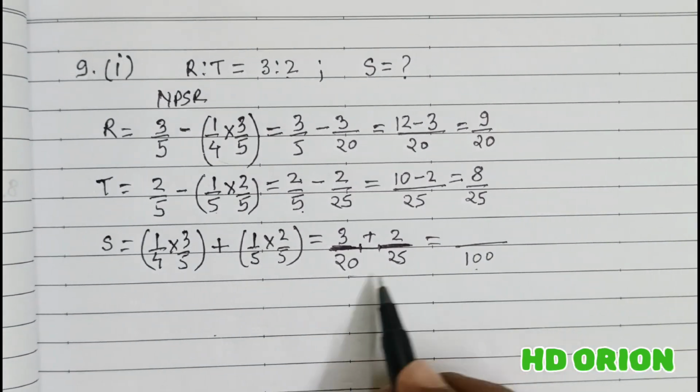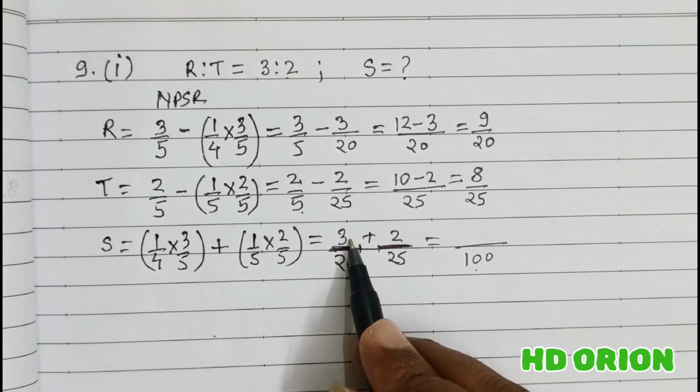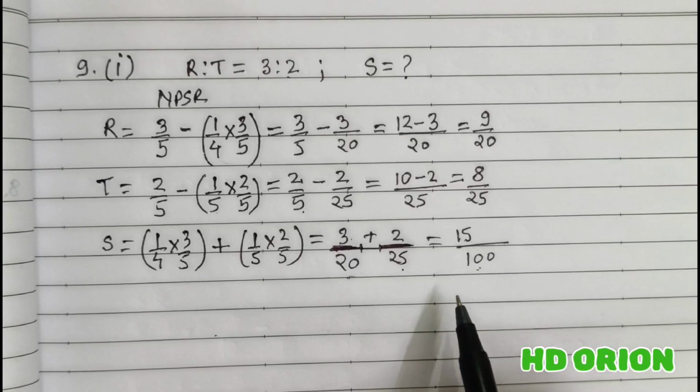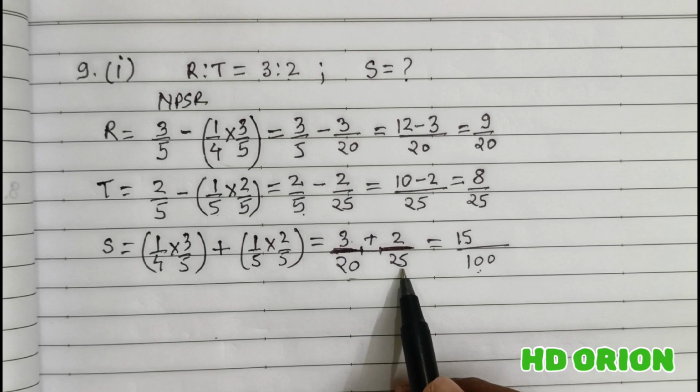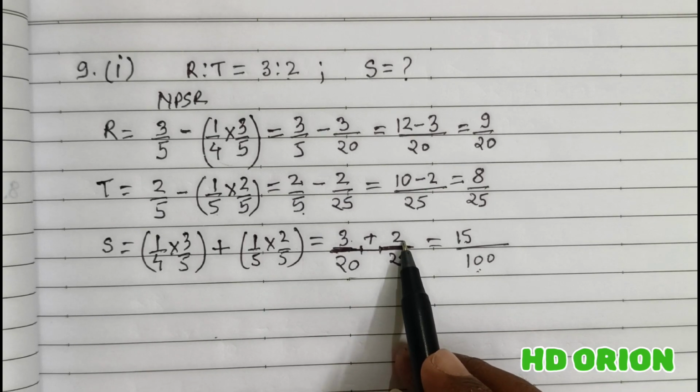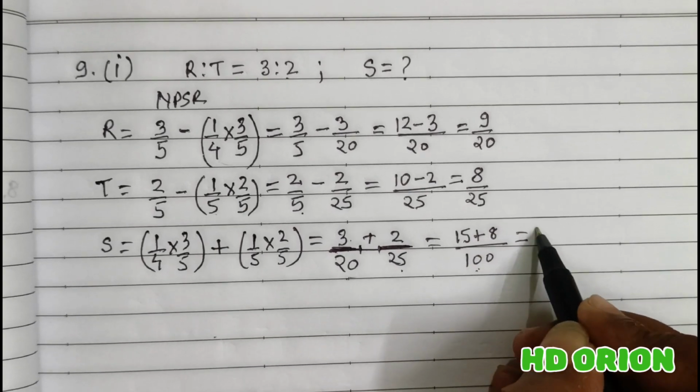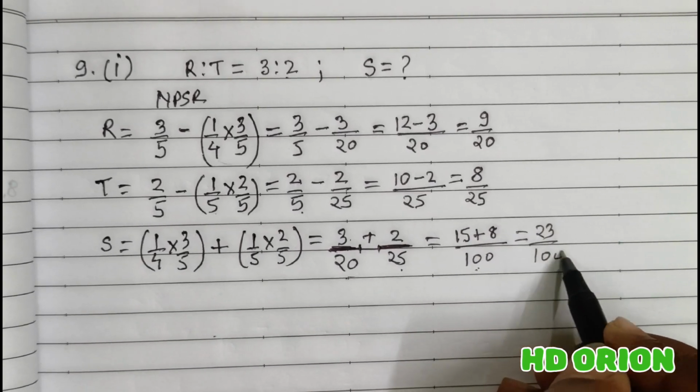So 100 divided by 20 is 5. 5 multiplied by 3 is 15. 100 divided by 25 is 4. 4 multiplied by 2 is 8. So plus 8. Here it is 23/100.